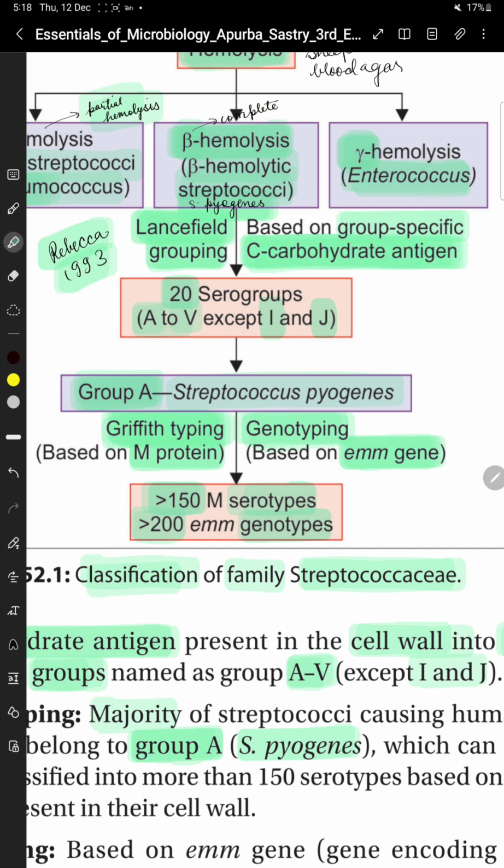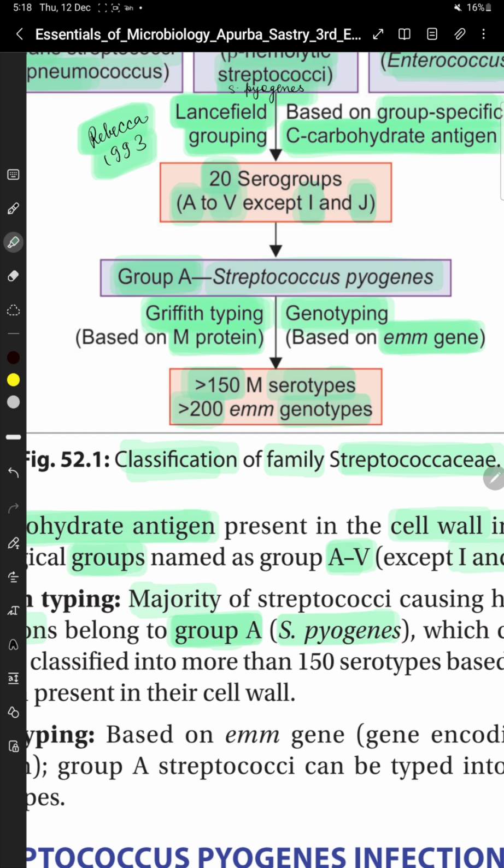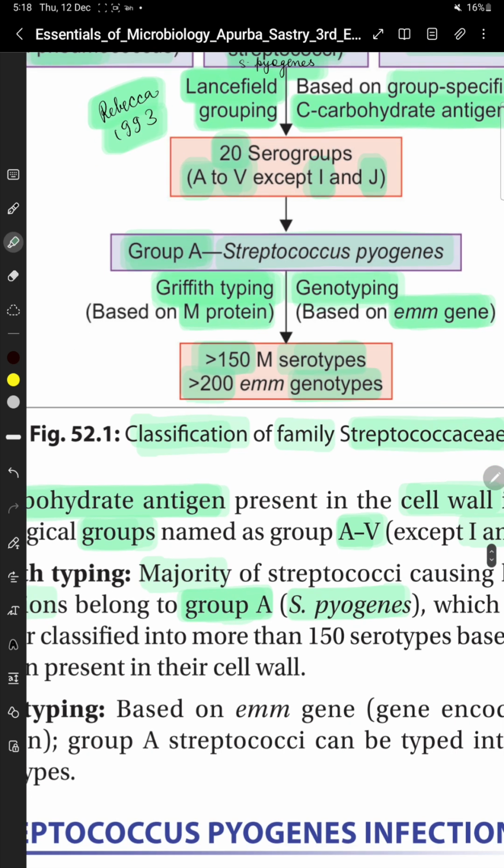Now, these beta hemolytic streptococci are further classified on the basis of group specific C carbohydrate antigen, and this is known as Lancefield grouping. Lancefield grouping was given by Rebecca Lancefield in 1993. In this, the beta hemolytic streptococci are classified into 20 serogroups from group A to V, except I and J. Most of the streptococci that are infective to humans come under group A, like Streptococcus pyogenes.